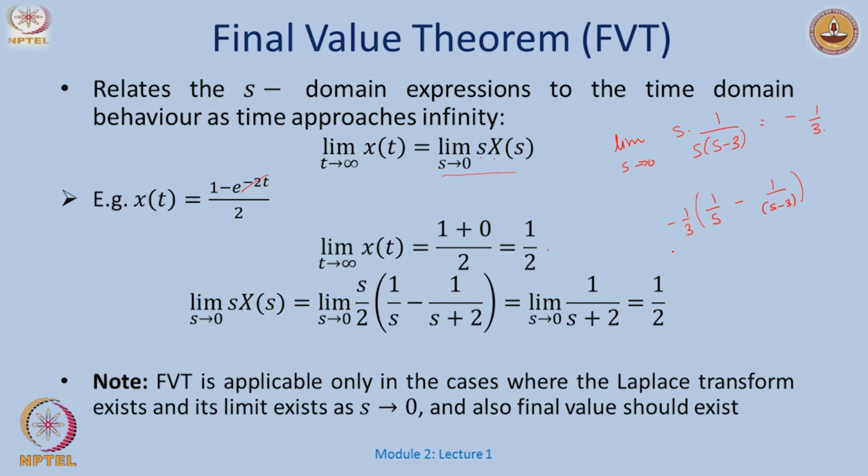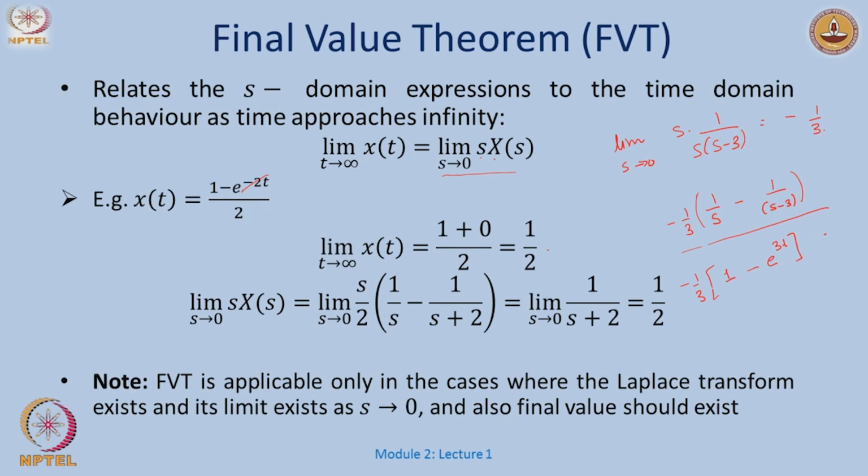And if I write down the equivalent time domain representation of this, what I will have here is 1 over 3 times (1 minus e power 3t), since 1 over s corresponds to 1 in the time domain, like the Laplace transform of 1 is 1 over s. Okay.